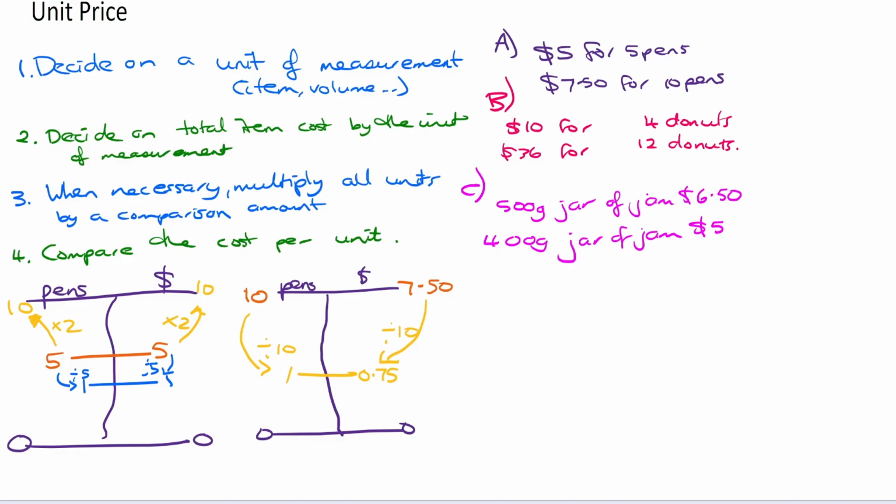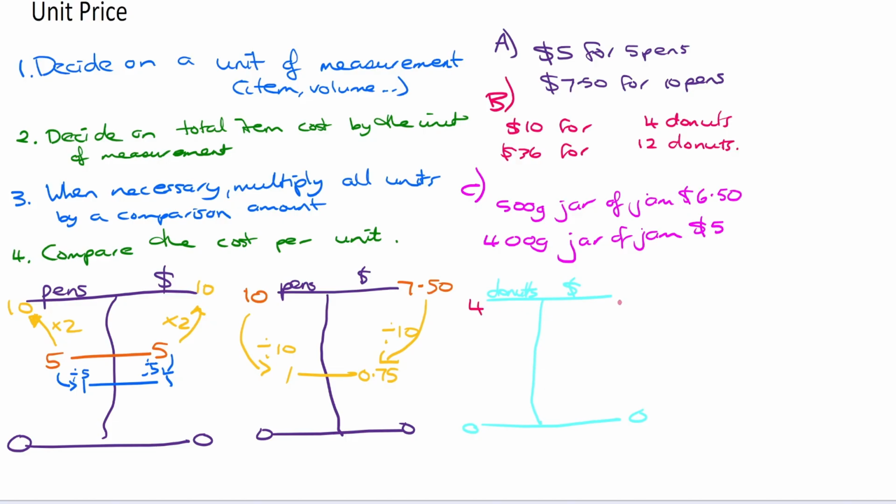The second one that they did was one with donuts. So here I had 4 donuts for $10. It doesn't matter which way I read it, especially not on a double number line, because I can read it either way.